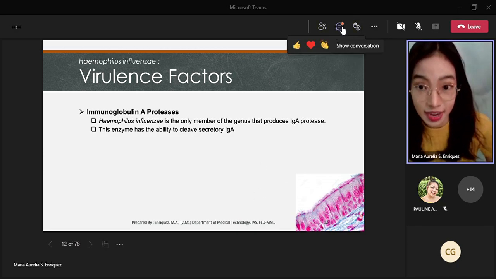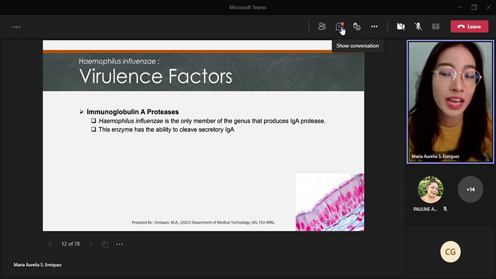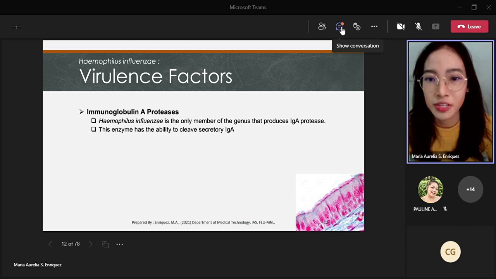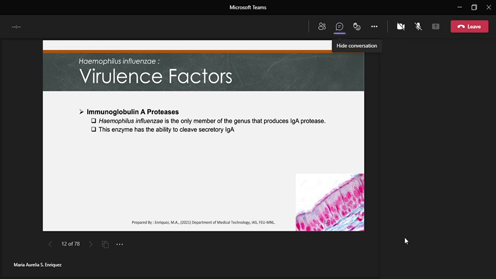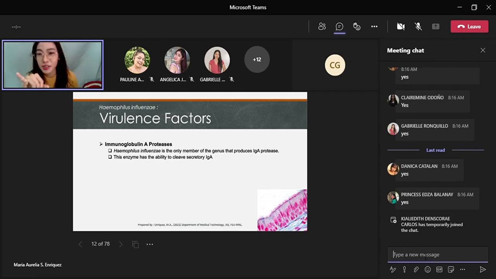Which gram-negative, obligate aerobe capnophilic organism also produces IgA protease as one of its virulence factors? One of the clues, this is a causative agent of either sexually or vertically transmitted disease. And this is a gram-negative diplococci.